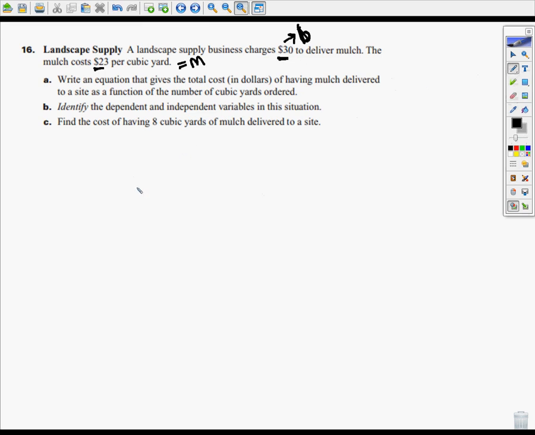Instead of y, I'll use C for cost, equals 23. We're talking mulch, so I'll just say n for the number of cubic yards. So 23n plus my y-intercept is 30. It's not wrong if you use an x and a y, because in this case they're not telling you that you have to use a specific variable.